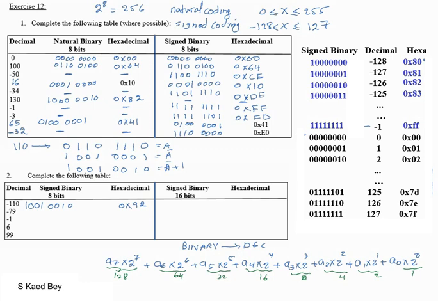Now, since this is a negative number, if you would like to expand this from 8 bits up to 16 bits, then we have to write it as follows. First we copy the 8 bits, and since the last digit is 1, we can extend this number by 1s until we reach the 16 bits.